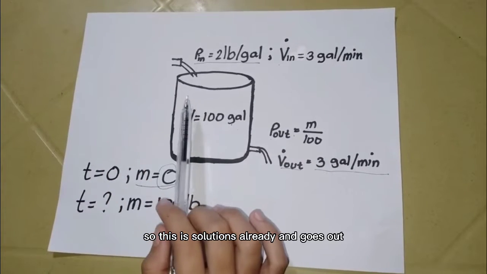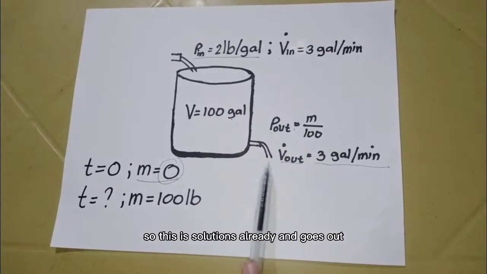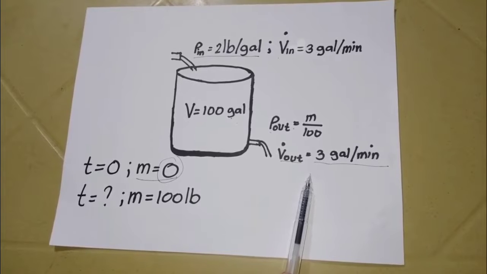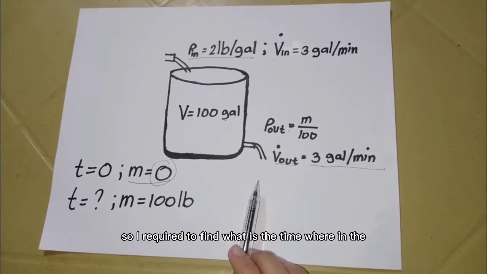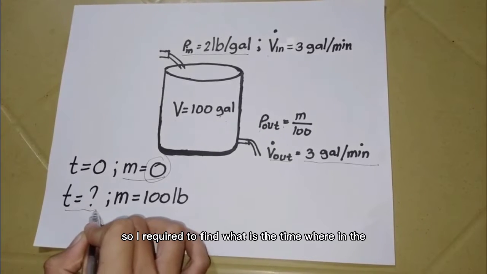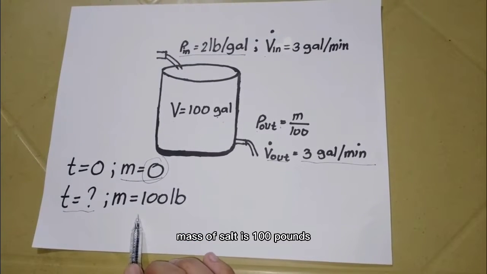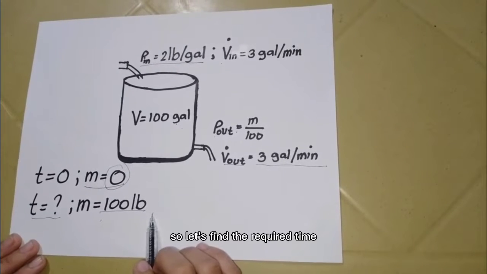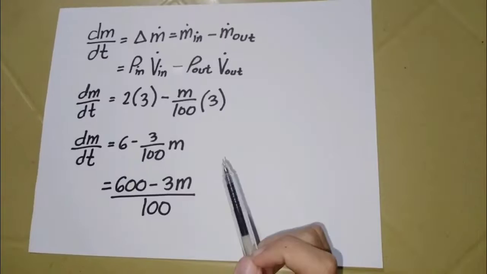So this is already a solution, and what goes out is a solution. I am required to find the time wherein the mass of salt is 100 pounds. So let's find the required time.